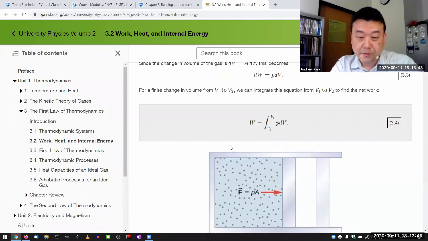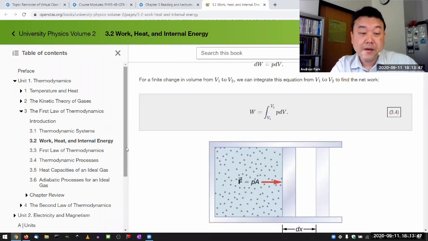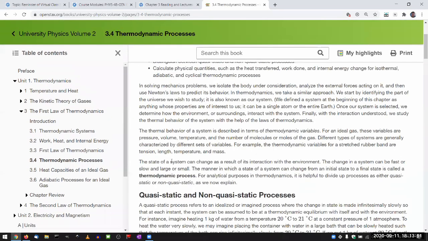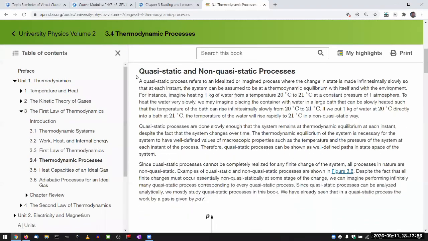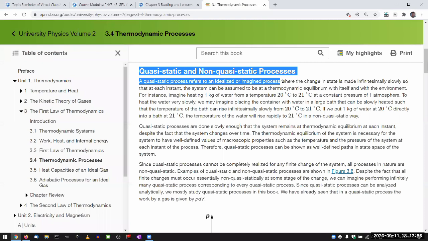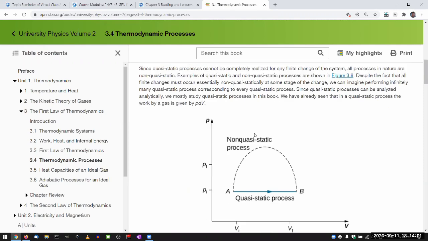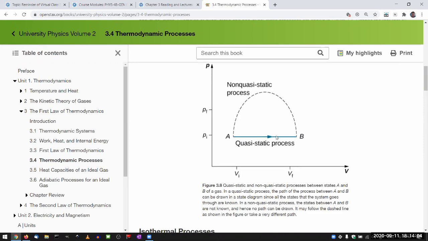So, we talk about work done by a thermodynamic system, and your textbook talks about different thermodynamic processes. And actually, I do like this coverage of quasi-static and non-quasi-static processes, because it explains that every process you see described by a line in a PV diagram is quasi-static.